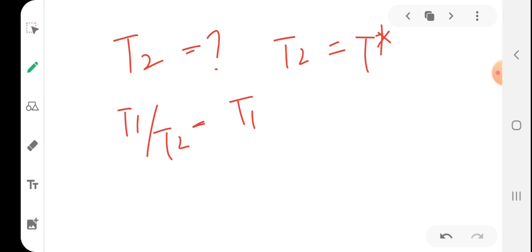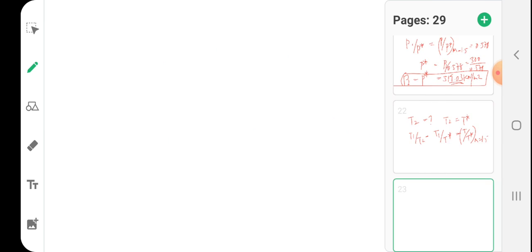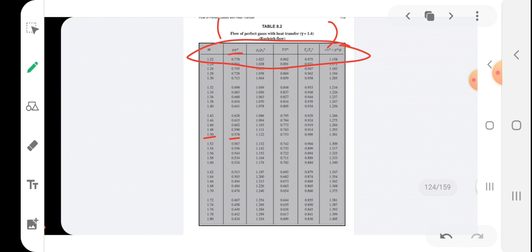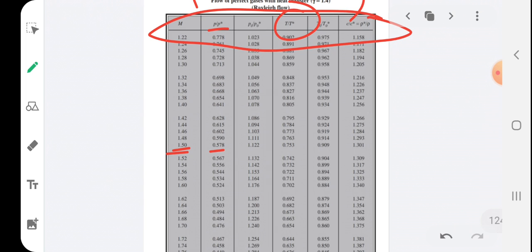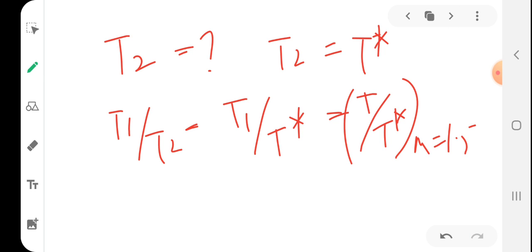Now T2 should be found. T2 is equal to T star only, because the second section is the critical section. So T1 by T2 is equal to T1 by T star, which is T by T star corresponding to Mach 1.5. You can see T by T star corresponding to 1.5 will be 0.753.